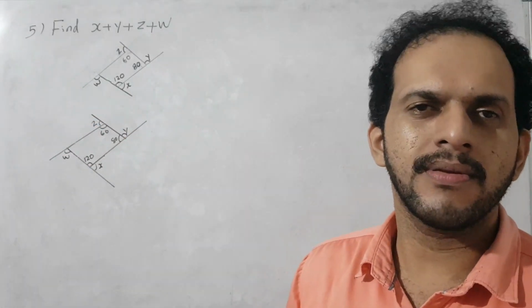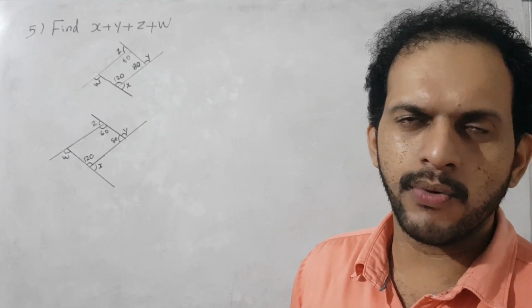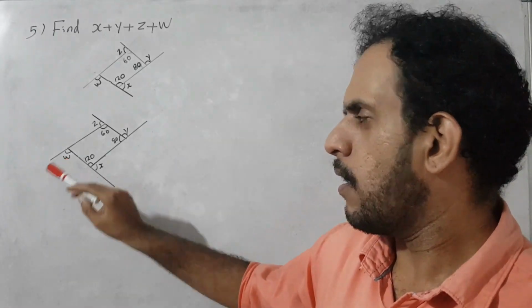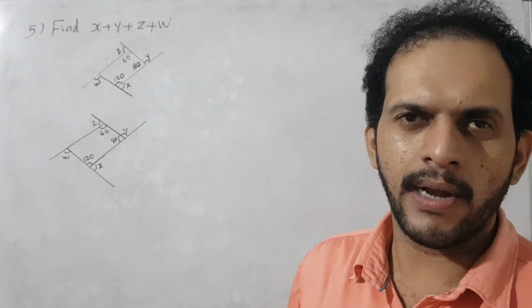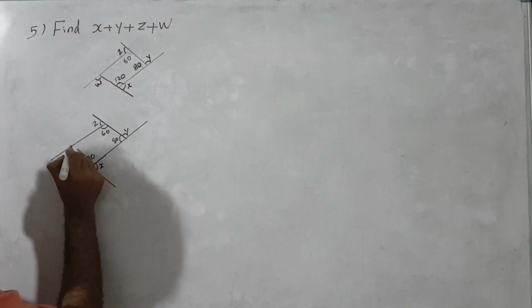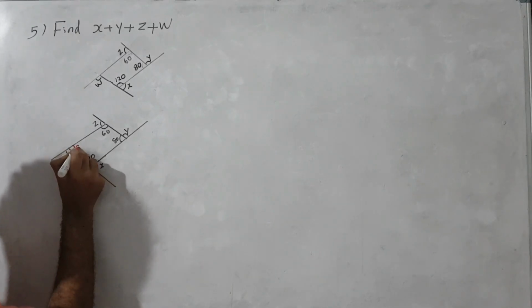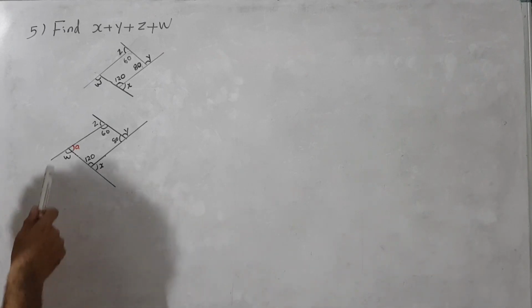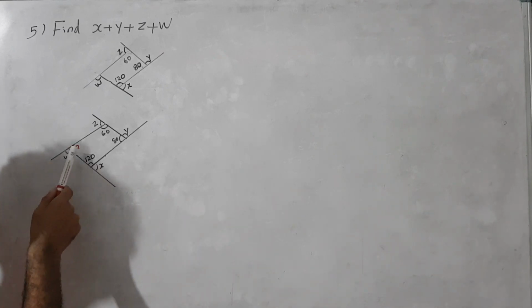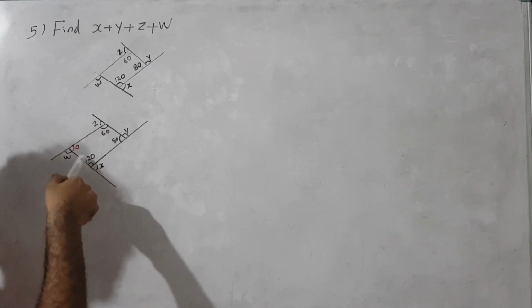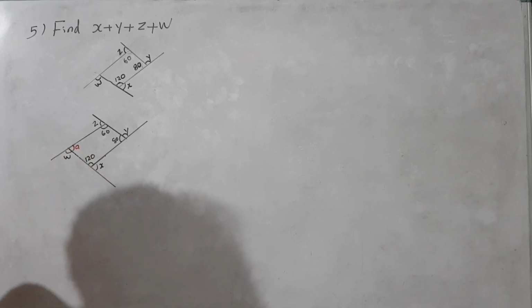So our first step is to find the interior angle corresponding to the exterior angle W, correct? So I mark it with a letter, as usual the letter A. To find the exterior angle W, we need to first find the value of A. For that, we apply the angle sum property of quadrilateral, correct?